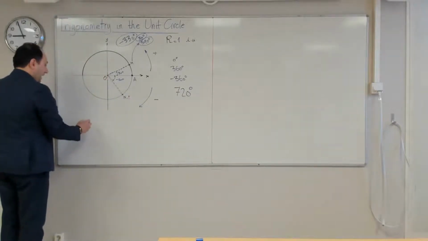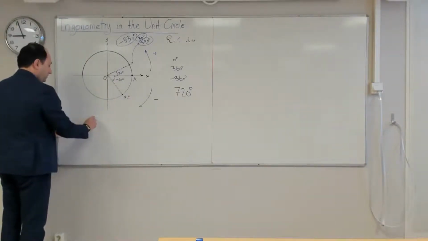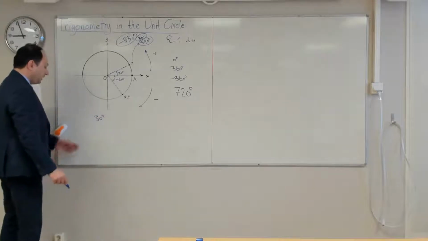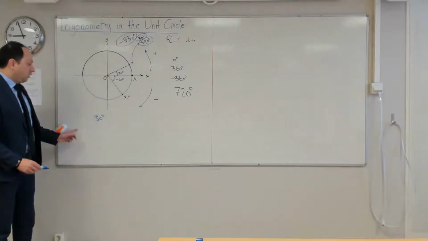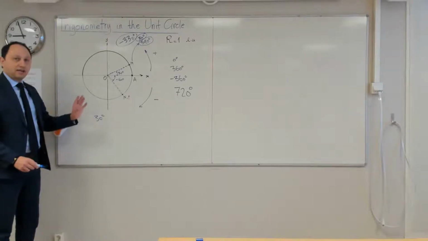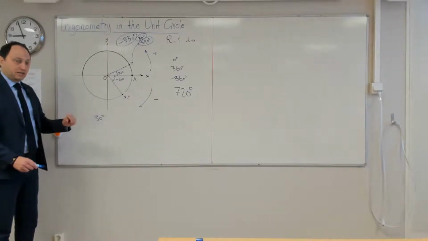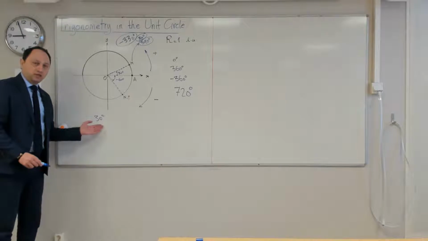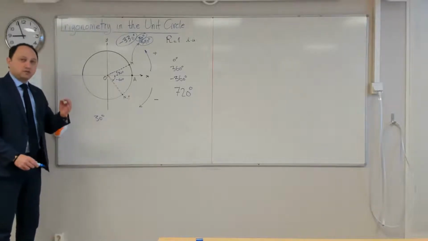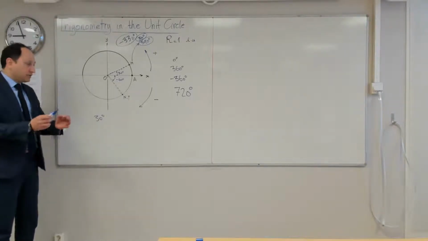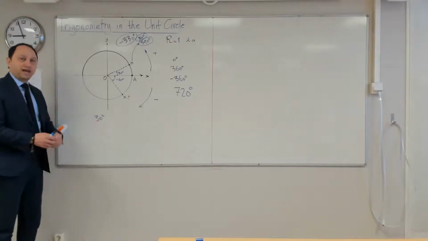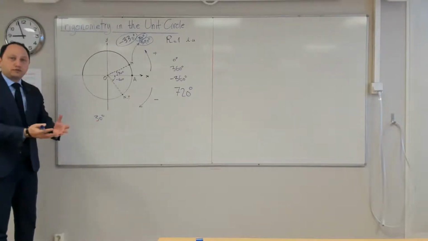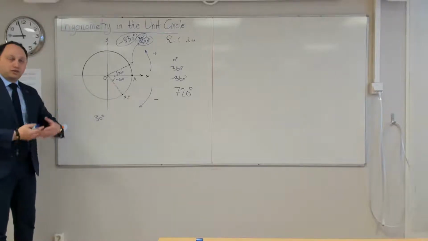So I give you an angle. Let us consider, for example, 30 degrees. Can you list here all possible angles, so that even though they are not equal to this, their final point lies on the same final point as this angle? I want to generate all of them in a compact formula. Can you do that for me?